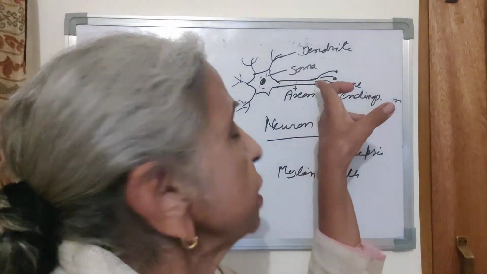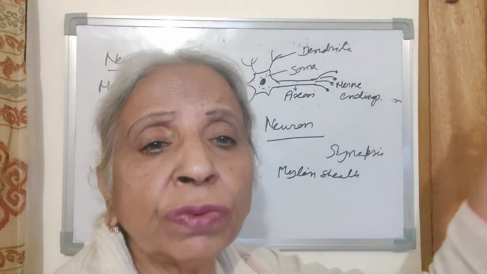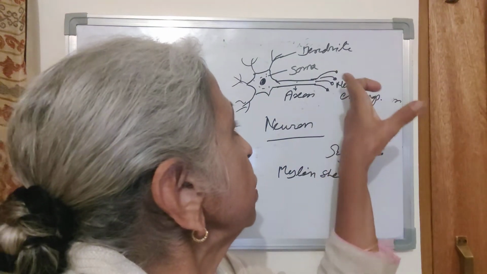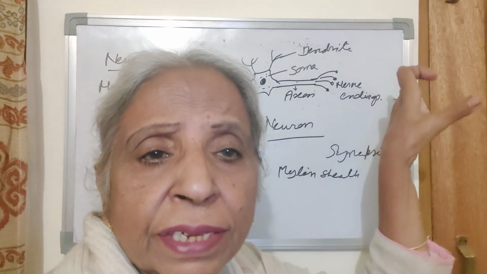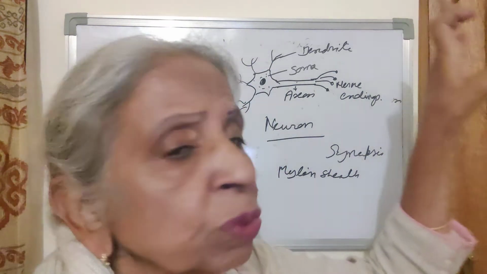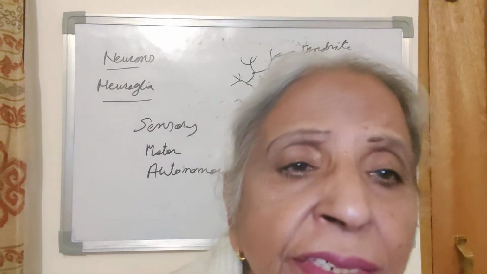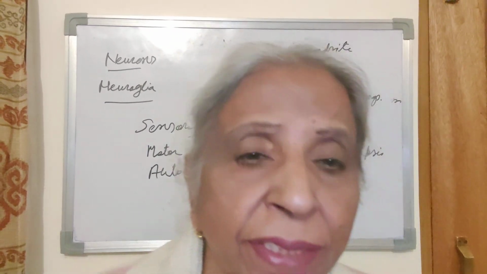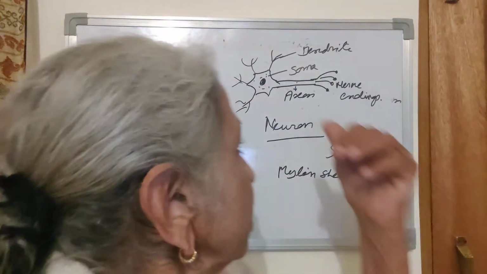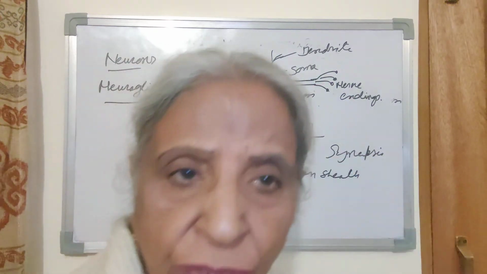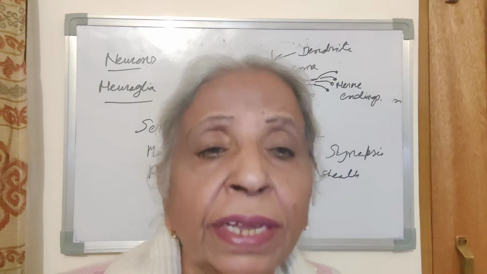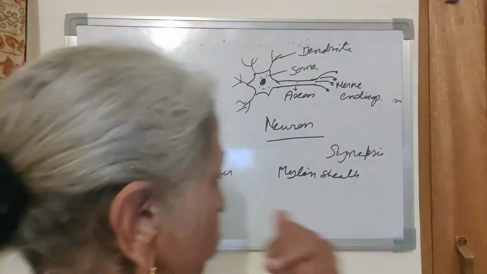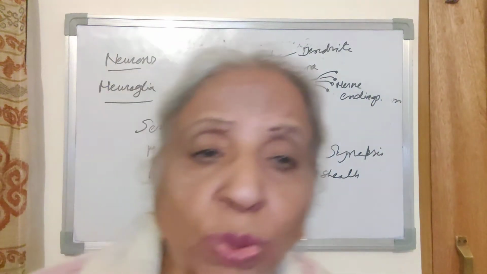Then this impulse is conducted through a chain of neurons, connected with each other through the axon nerve endings and synapses, to the brain. The brain again sends the message. Sensory neurons receive the impulse and convey it to the brain. Then the brain sends the message through the motor neurons about what to do, how to react.